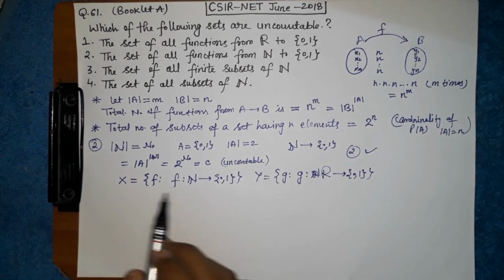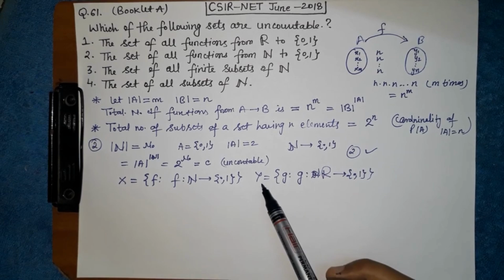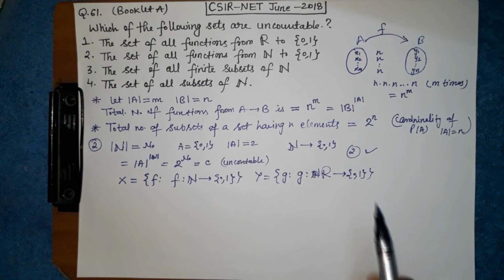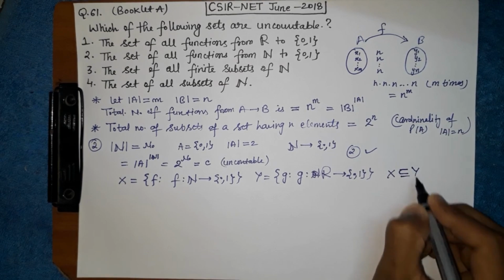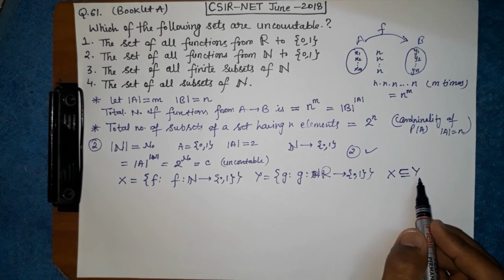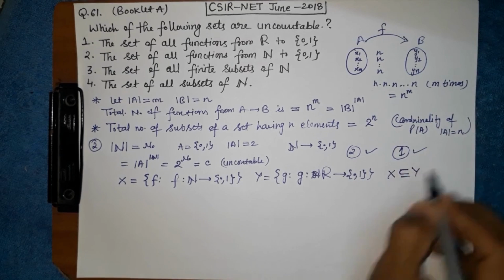This X is the set of all functions from N to {0, 1}, and Y is the set of all functions from R to {0, 1}. So clearly we can see that X is a subset of Y. Now if X is uncountable, then Y is automatically uncountable. So option number 1 is also correct.